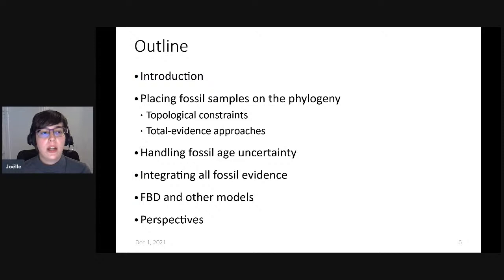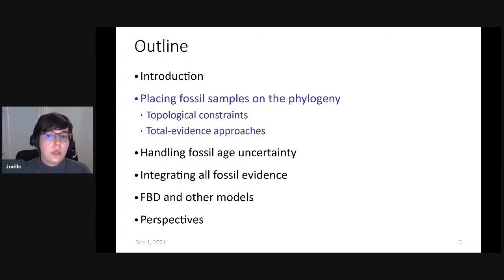And one of the first challenges I'm going to talk about is how we place fossil samples on the phylogeny. Because in a regular phylogenetic inference, obviously, the tree topology is built based on the evolutionary distances that are calculated between the samples, and these evolutionary distances are based on the molecular alignment.